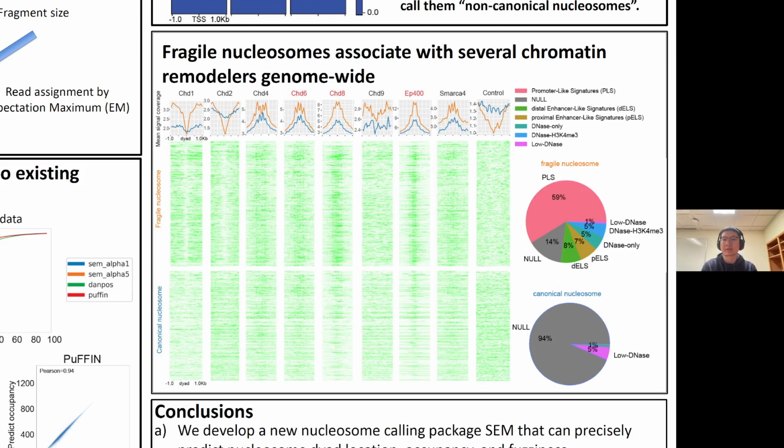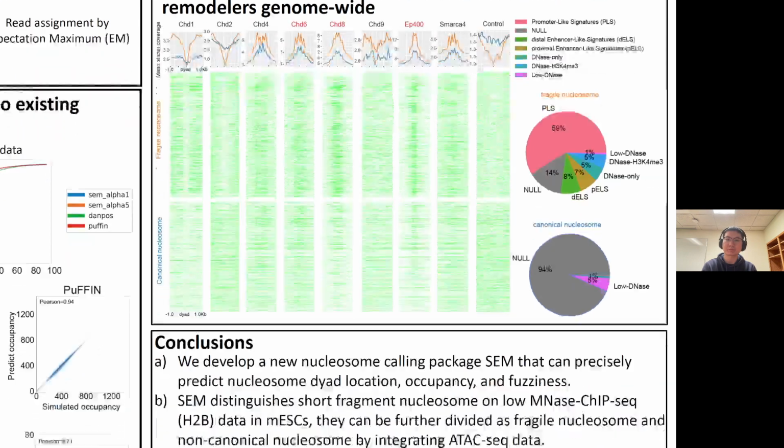Also, in terms of cis-regulatory elements, we can see that fragile nucleosome more frequently intersects with promoter-like elements and enhancer-like elements compared to canonical nucleosome, which potentially suggests that fragile nucleosome could participate in gene regulation.